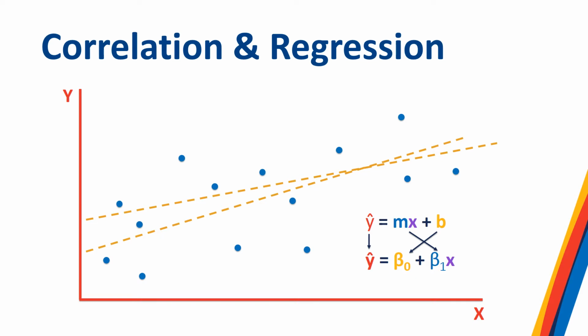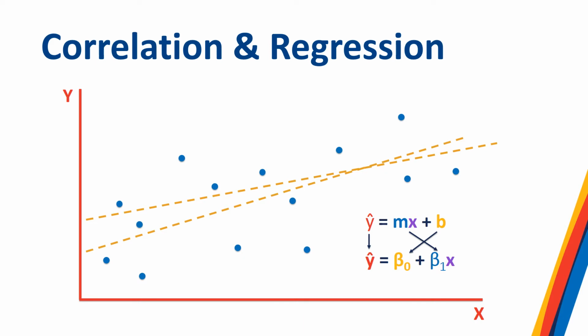However, when you start doing a regression, you're really interested in what is the mathematical model that describes that relationship. You might be familiar with this from math class, where you had y equals mx plus b. Remember, y is the size of the outcome variable, m is the slope, x is the level of x that you're interested in, and b is the intercept where it crosses the axis.